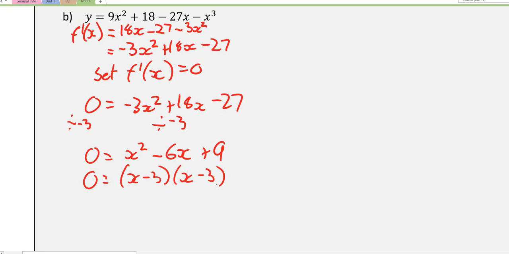So what are my possible solutions for x? That's just 3. Just positive 3 is the only answer. So x equals positive 3. Okay. So that means you've got a turning point at 3.